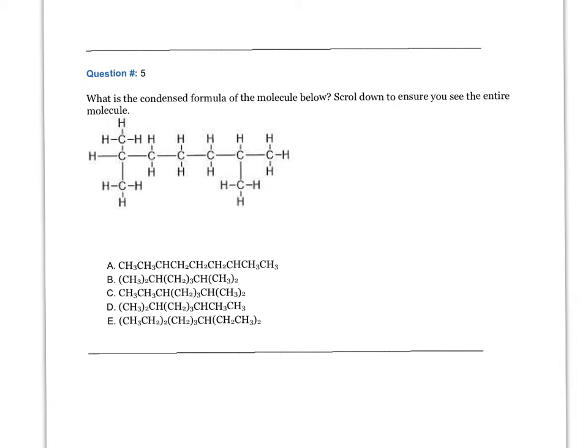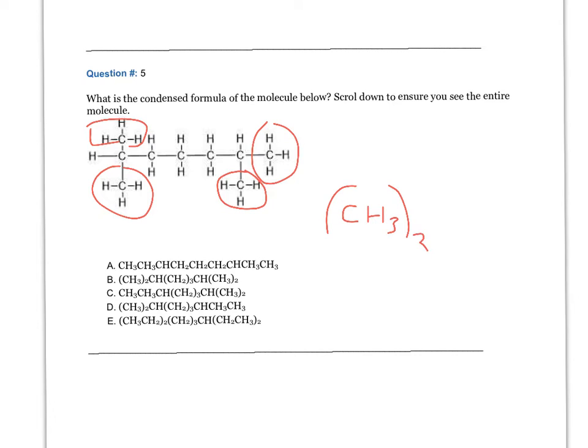The process: let me mark this very well. 2 CH3s on that bonded carbon. So we've got CH3, 2 of them, if we go from left to right, on a CH.